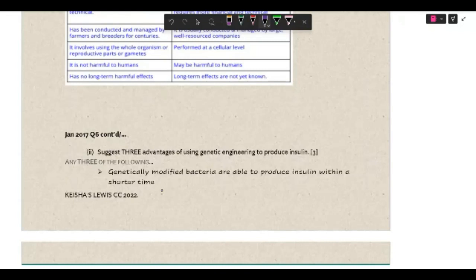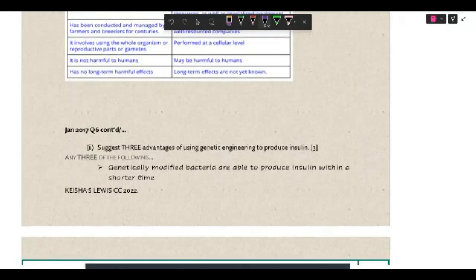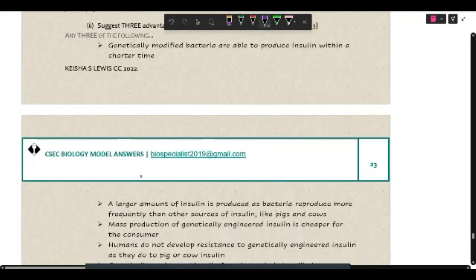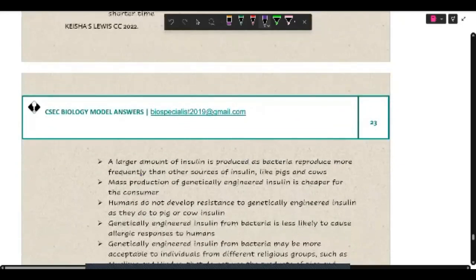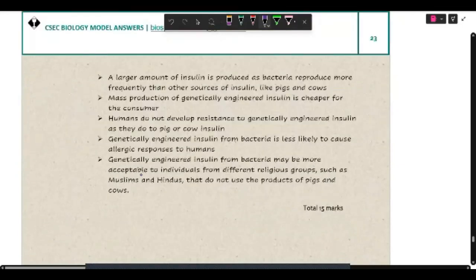So one of the top points that I started with is that with genetically modified bacteria, you get to produce insulin in a shorter time, which is important. Because you don't want to be spending more than the necessary time to produce the insulin, because there's a lot of people out there waiting for that insulin, yeah?